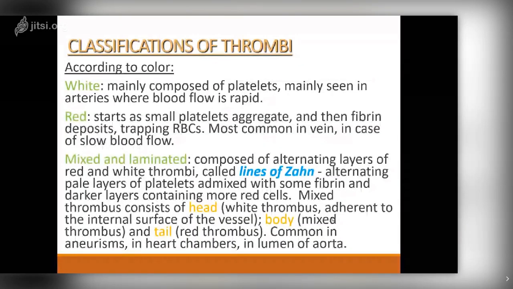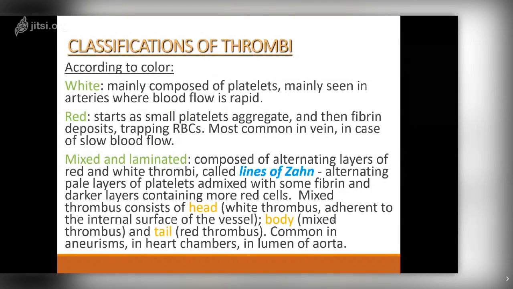According to gross appearance, thrombi may be white, red, and mixed. White thrombi are predominantly composed of platelets and white blood cells, and usually they develop in the vessels, usually arteries, where blood flow is rapid. Red thrombi start from minor aggregation of platelets, and then a lot of fibrin and RBCs become trapped in this thrombus.